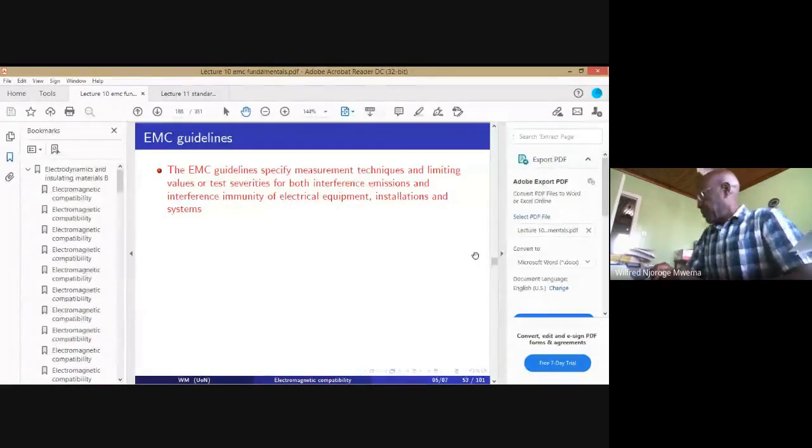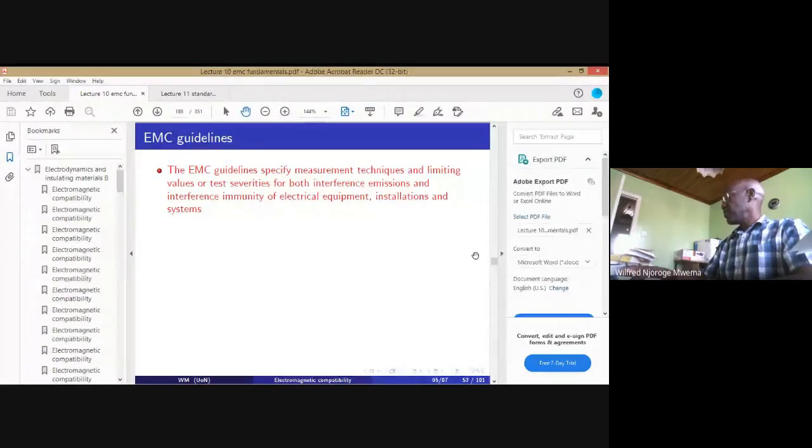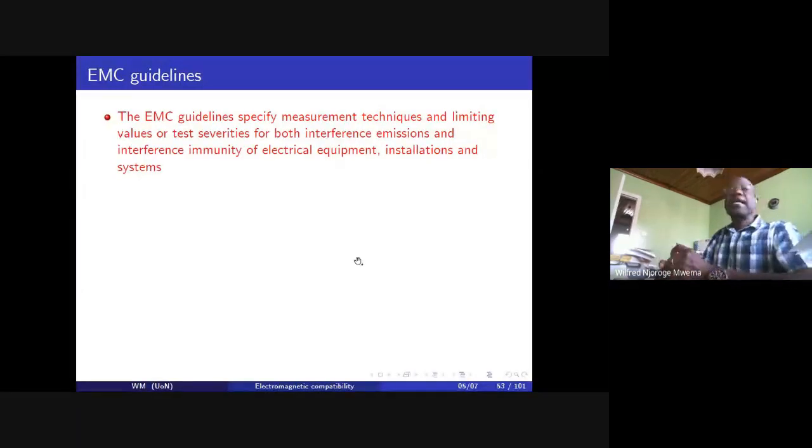So, welcome again. We'll continue from where we stopped. We look at the guidelines for the EMC. The EMC guidelines will specify the measurement techniques and the limiting values of the test severities for both the interference emissions and the interference immunities of the electrical equipment, installations, and systems.